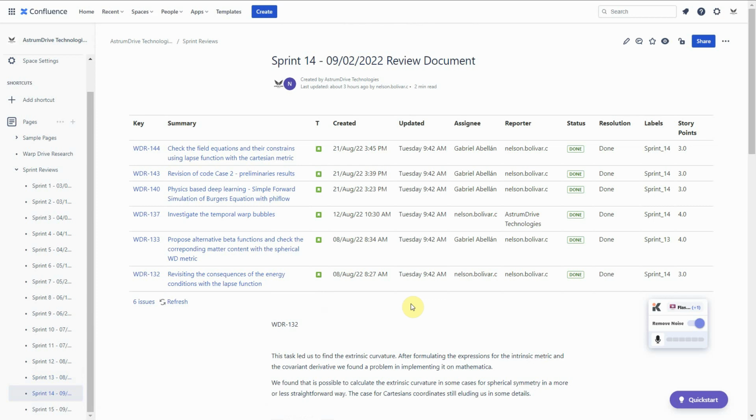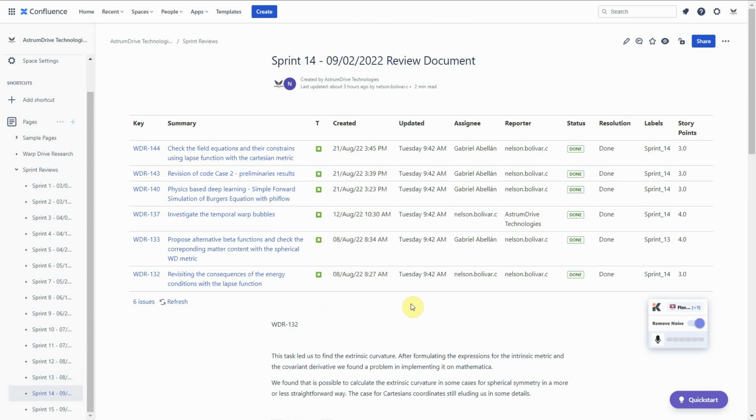I think we already told you about that, which is using some form of AI to work on all the possible solutions of Einstein's equations, and that can give us a viable warp drive, viable in the sense that it gives us something that we want: positive energy, a small amount of energy, and so on. And that's something that we're doing every sprint. We add some task that is related to this. This is very important. So now let me go into the details of this sprint.